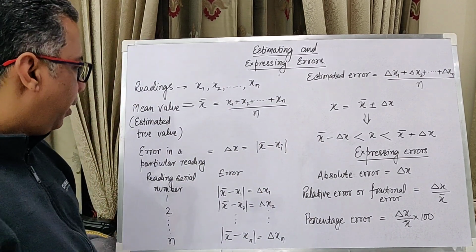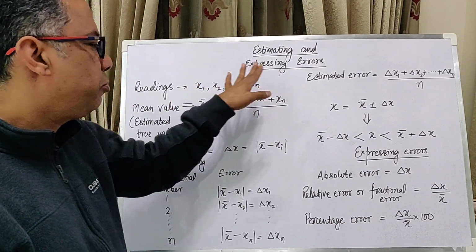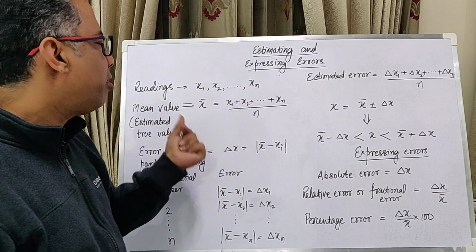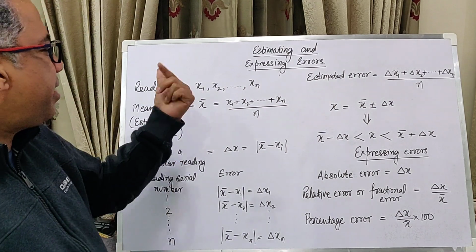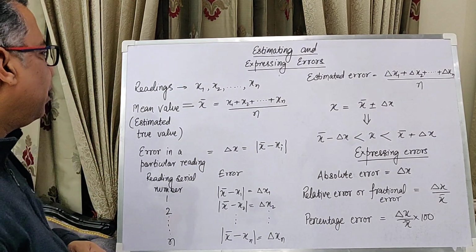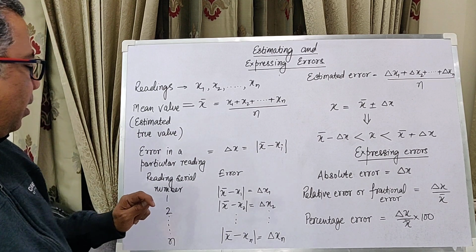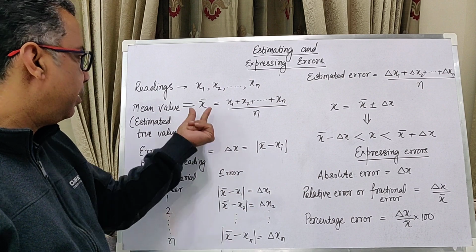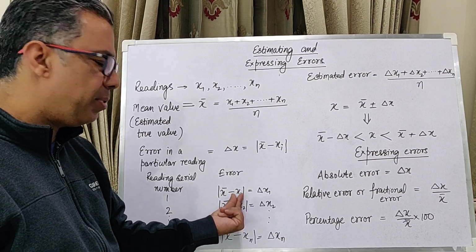Now, in these readings, there are individual errors. Each of these readings is somewhat different from our estimated true value. And so the error in each one of these individual readings can be calculated. For instance, in the first reading, the error would be x bar, that's the estimated true value or the mean value, minus the value x1.